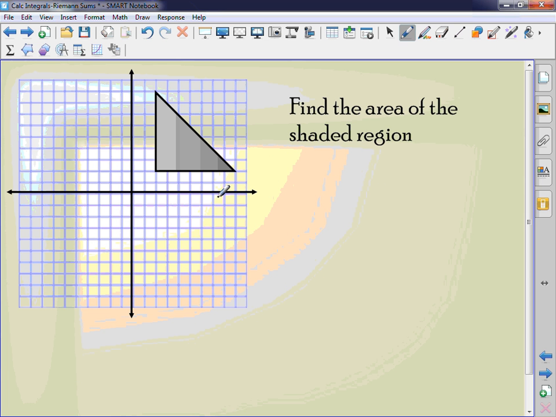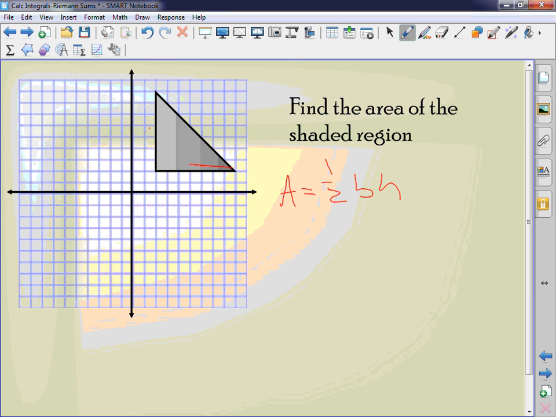We're going to find the area of this shaded region. This one's different. What shape? Right triangle, which makes it even easier for us. How do I find the area of a right triangle? What's the formula? One half base times height.